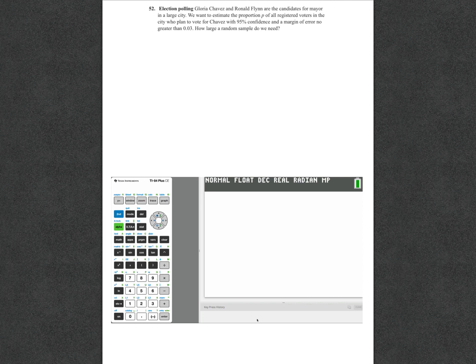Okay, notice there's no point estimate that we can use. There's no estimated proportion of registered voters who would vote for Chavez. So when we have no idea, no point estimate that we can use, we use 0.5 as the conservative estimate.